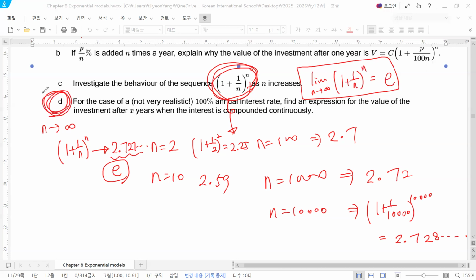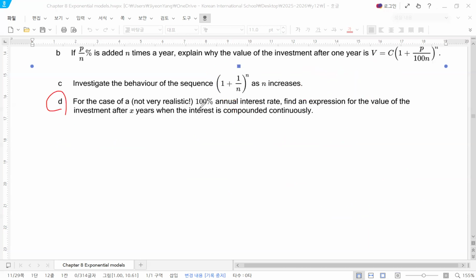Jason Tao, please read this question. Not very realistic. Why do they say that it's not realistic? Because normally the interest rate, what is the interest rate in Hong Kong annually?